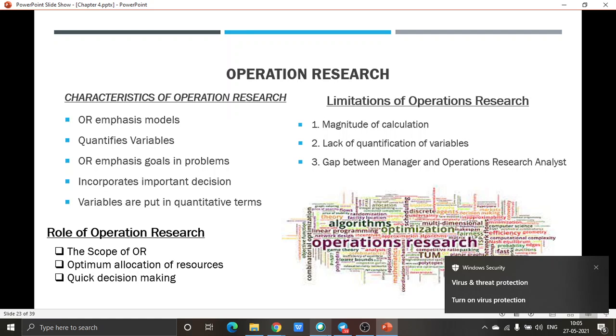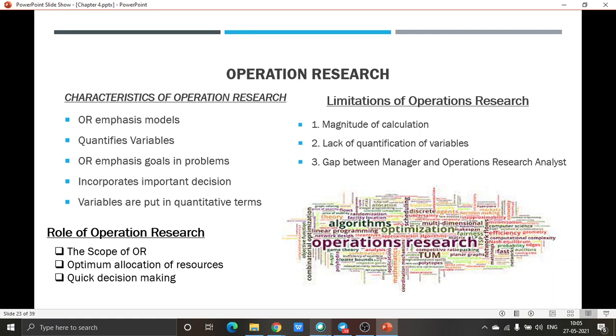Managers should be well aware of these limitations, which may sometimes be a threat for the organization. The first one is magnitude of calculation. From this we can understand there shall be a lot of calculation, with huge numbers of variables considered.